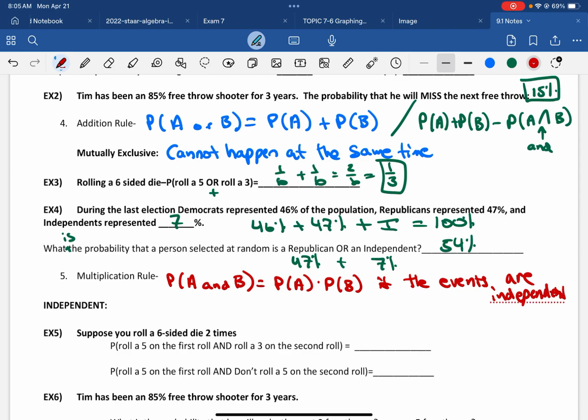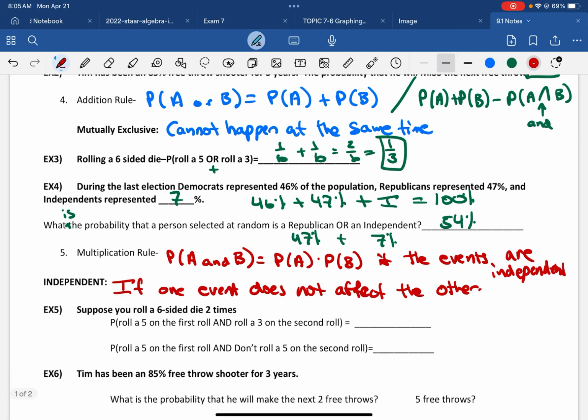The definition of independent: if one event does not affect the other. Totally independent.